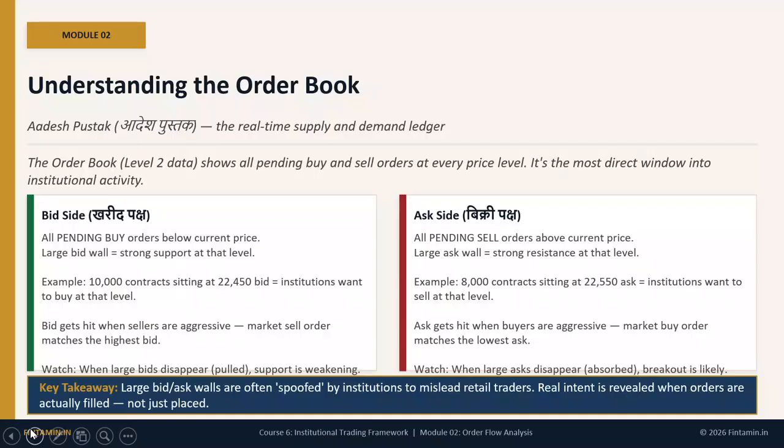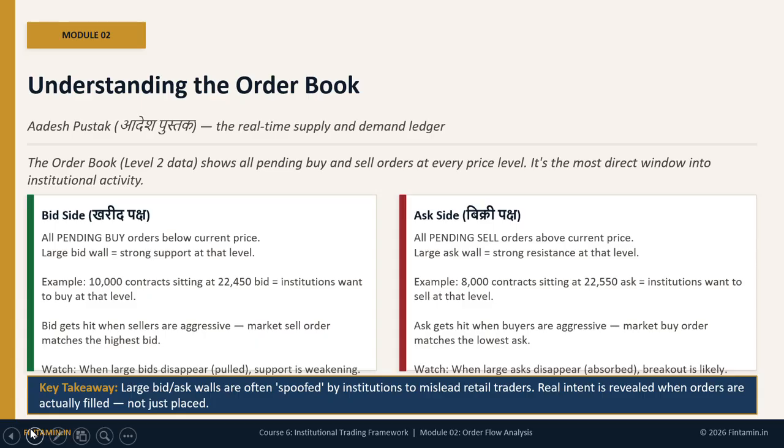Understanding the order book. The order book has level 2 data, shows all pending buy orders at prices below the current market and all pending sell orders above it. It is a real time window into supply and demand.